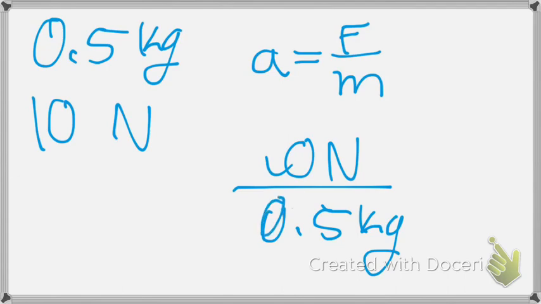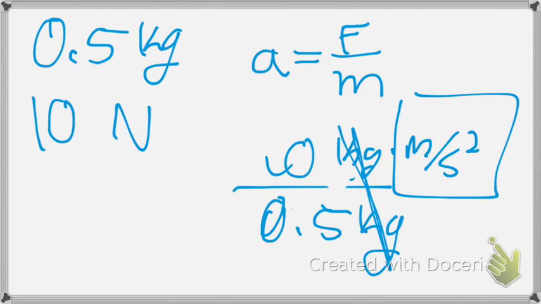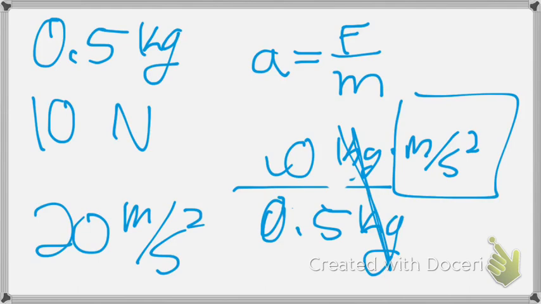And because the unit newton is meant to represent kilograms times meters per second squared, the kilograms will cancel and we will be left with an acceleration unit. So if we divide 10 by 0.5, we should get 20 meters per second squared.